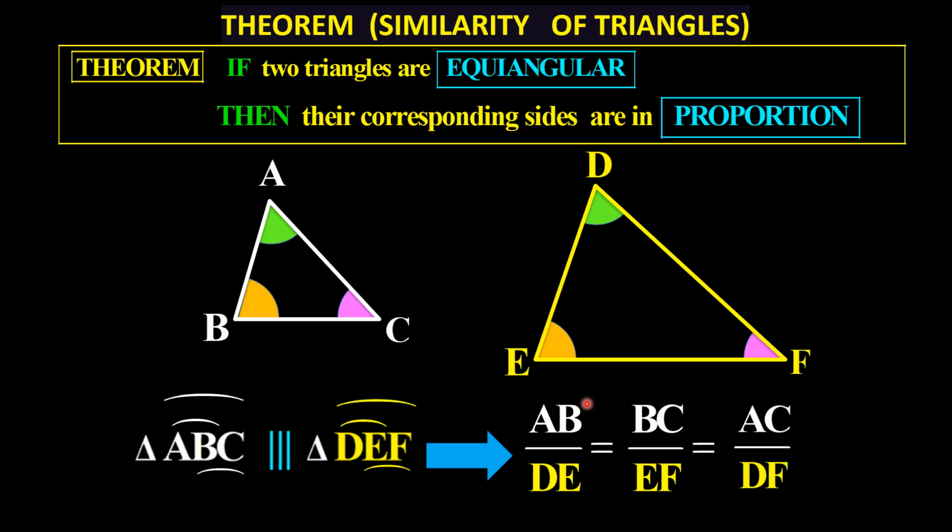And that is how we can get the proportion. Let's go over that again. You take the first two letters over the first two, and the last two over the last two, and the first and the last over the first and the last. So if two triangles are equiangular or they are similar, that implies their corresponding sides are in proportion. Now in the next slide, we're going to prove this theorem formally.